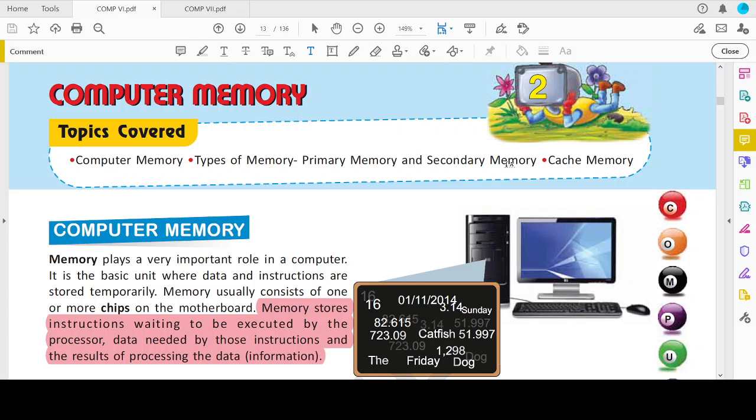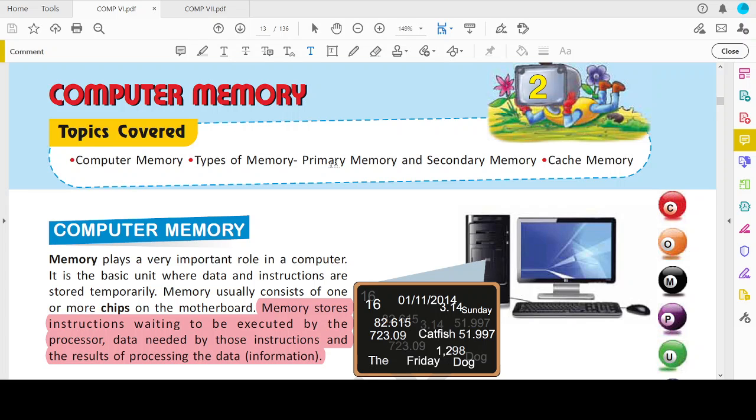Once something new is required that is not present in the cache, it is searched in the main memory, that is RAM. When that data is not found in the RAM also, it is fetched from the secondary memory, that is the hard disk or a pen drive or a flash memory or a CD-ROM drive of your computer.